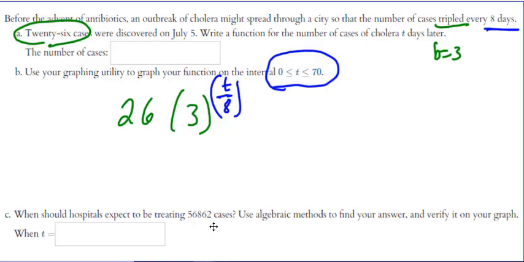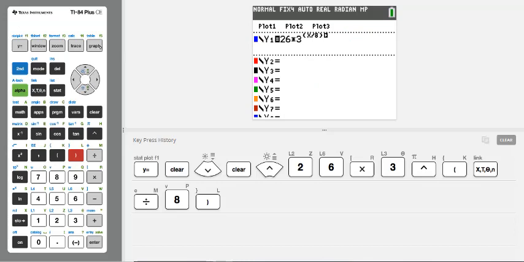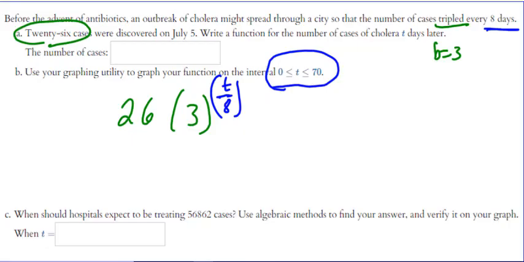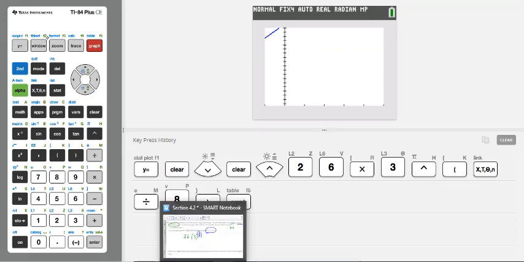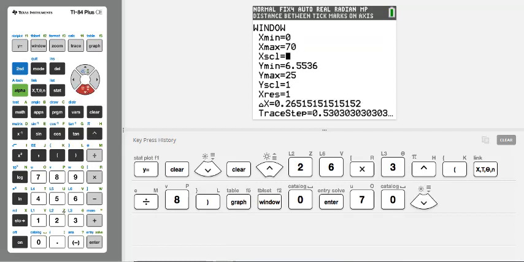Now we're going to hit graph, and we've got to do this for 0 to 70. So let's go look at our window limits: 0, 70, and I'll have it step 10. It could have been 5, that would have been good too.